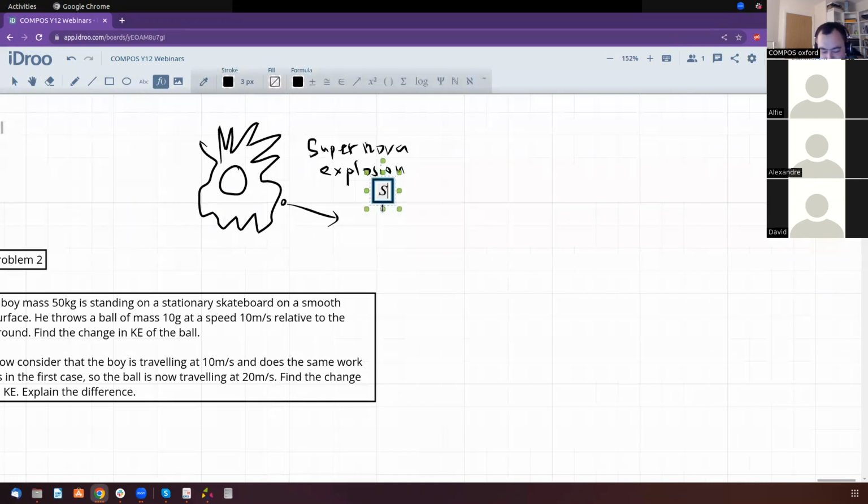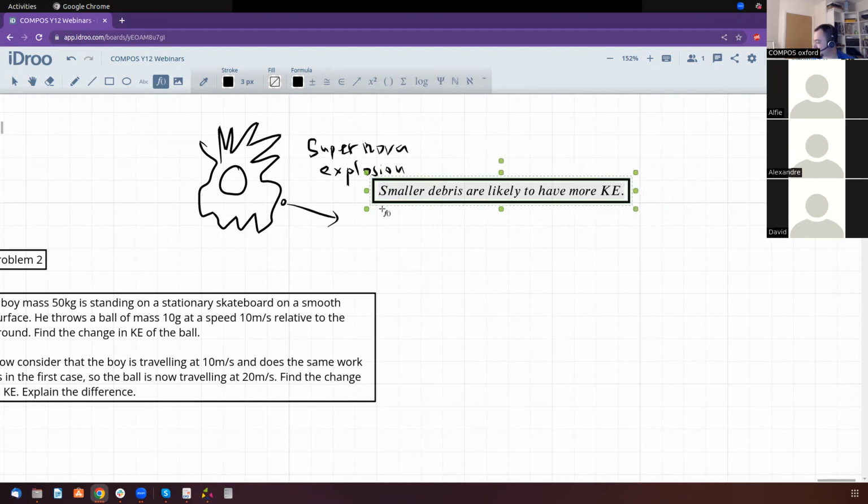Smaller debris are likely to have more kinetic energy. And that's why we get things like gold. You probably know that all the gold that exists on Earth is debris of supernova explosions. For example, I have a gold ring on my finger.